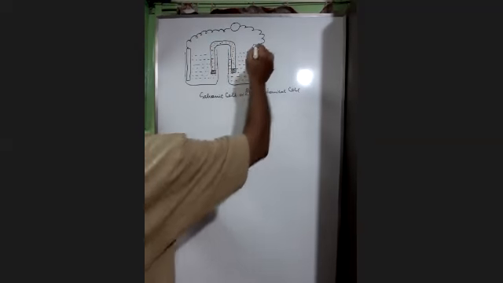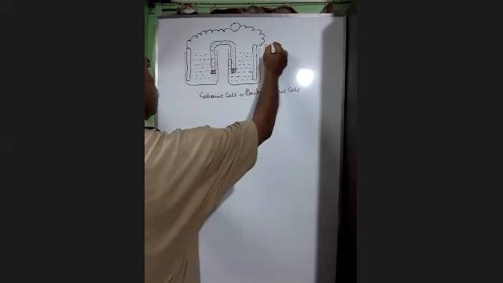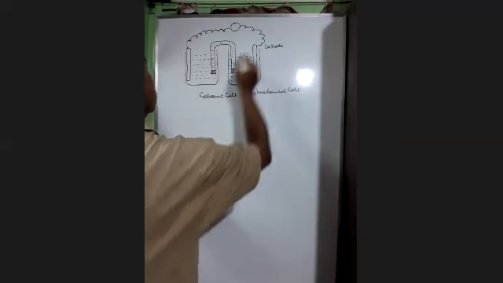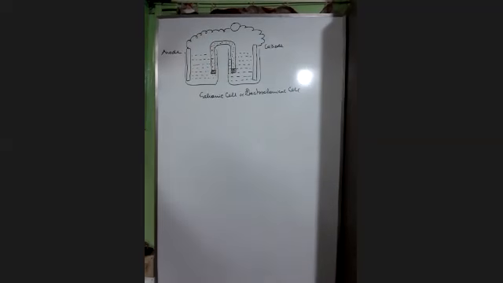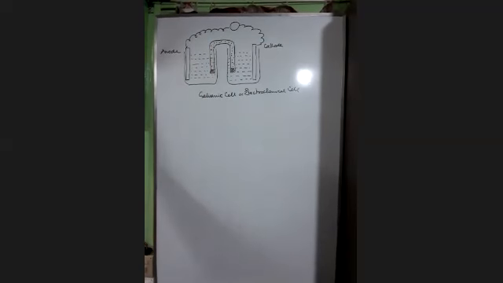So this is the cathode. This is the anode. Whether it is an electrolytic cell or an electrochemical cell, irrespective of the charge, the cathode will always be on the right and the anode will be on the left.